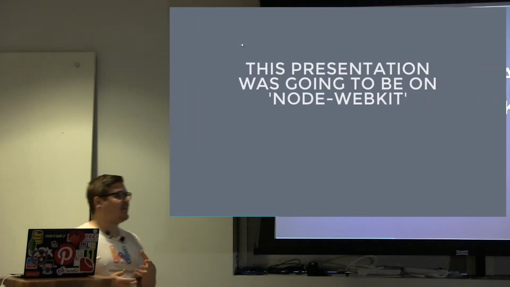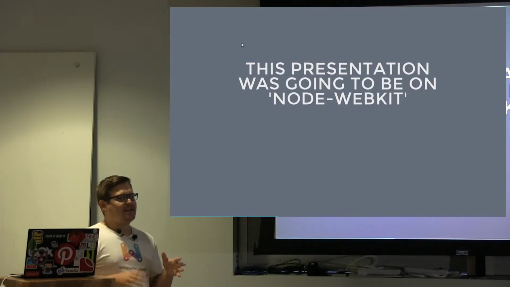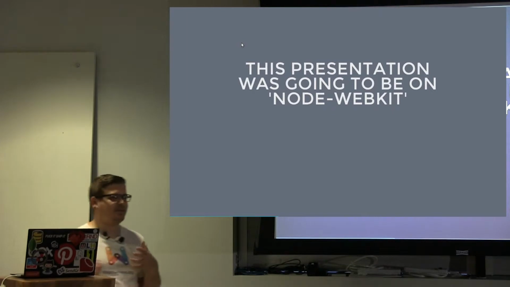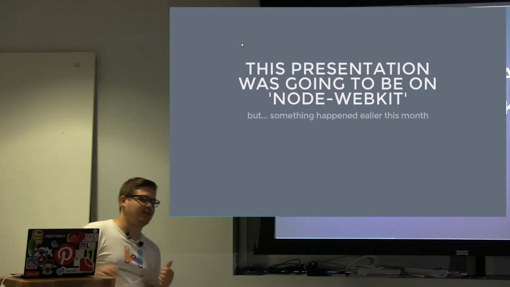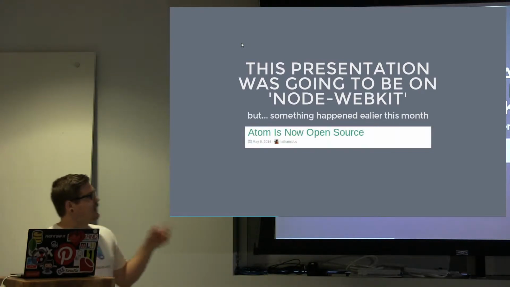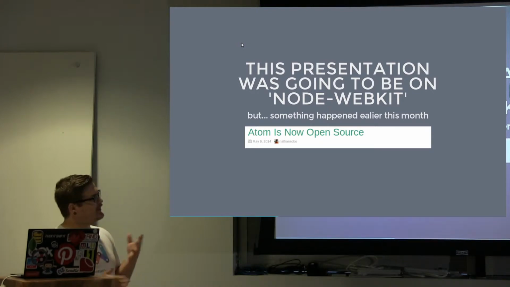And actually, I was going to talk about NodeWebKit throughout this whole presentation, but then something happened this month, and just for reference for people who are watching this online, this is May of 2014. GitHub released their Atom IDE to open source, which I thought was great.